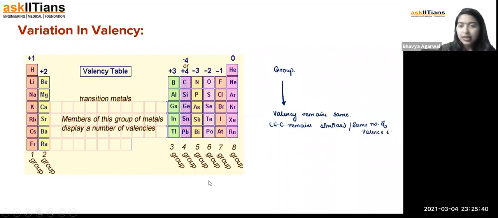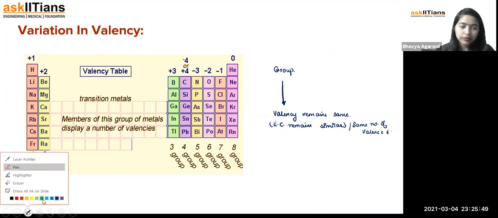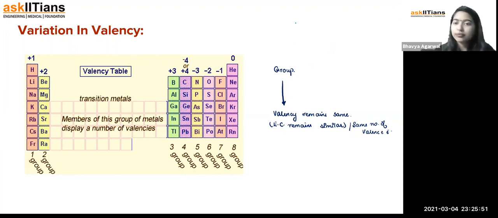For instance, let's see an example. Your example could be lithium, sodium, and potassium, something you have done already. You know that lithium's electronic configuration is 2,1, sodium is 2,8,1, and potassium is 2,8,8,1.